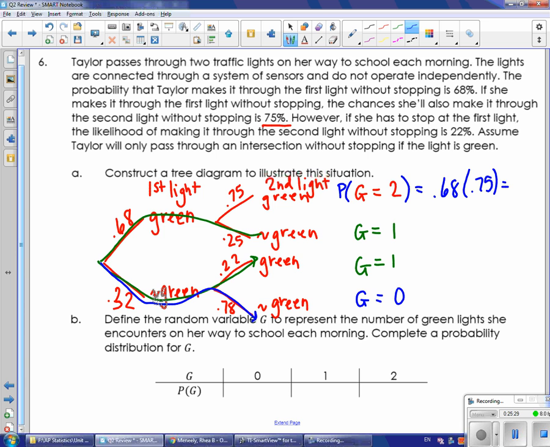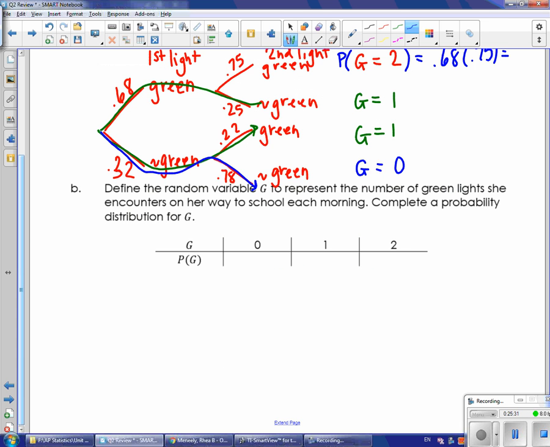So if you go down to letter B for your probability distribution, the probability that G is 0, so it's this outcome here, is going to be 0.32 times 0.78. And that's going to end up giving you 0.2496. There are 2 ways that she can hit 1 green light, so I have to multiply along the branches and then add the branches together.